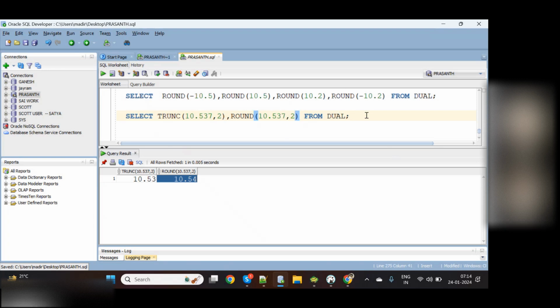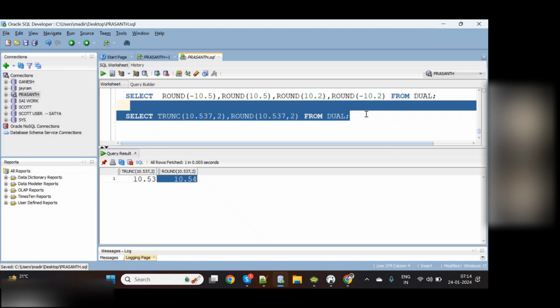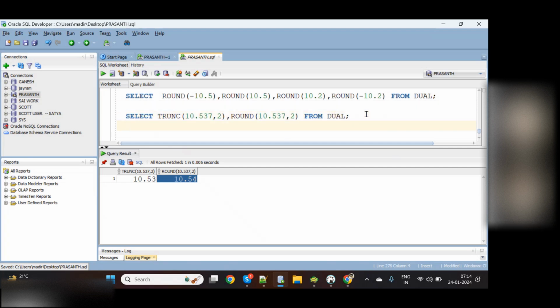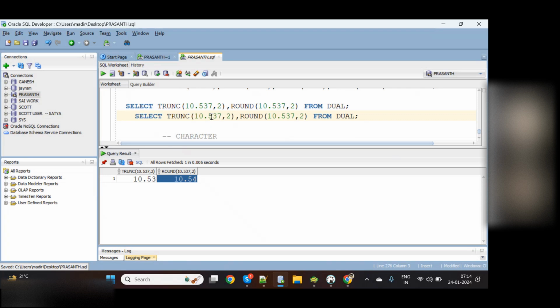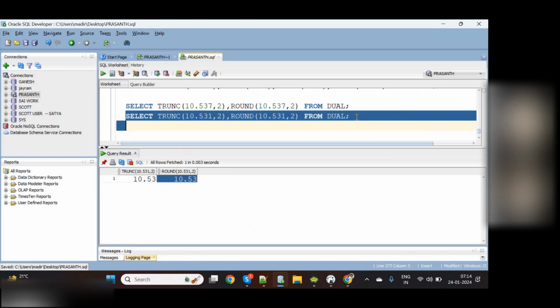Same example I will write, keeping the third decimal part 1. What will be the values now? In trunk 10.53, and round, both will be same. You got it? So that is it. You can write any number you want.